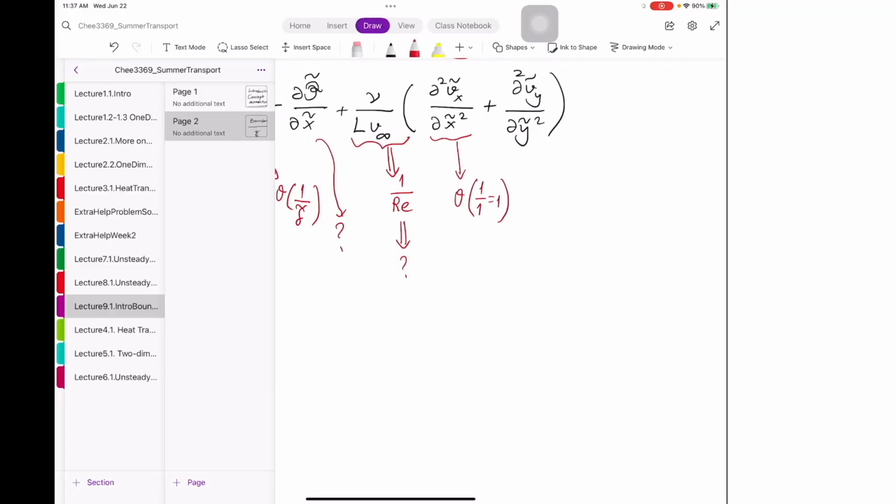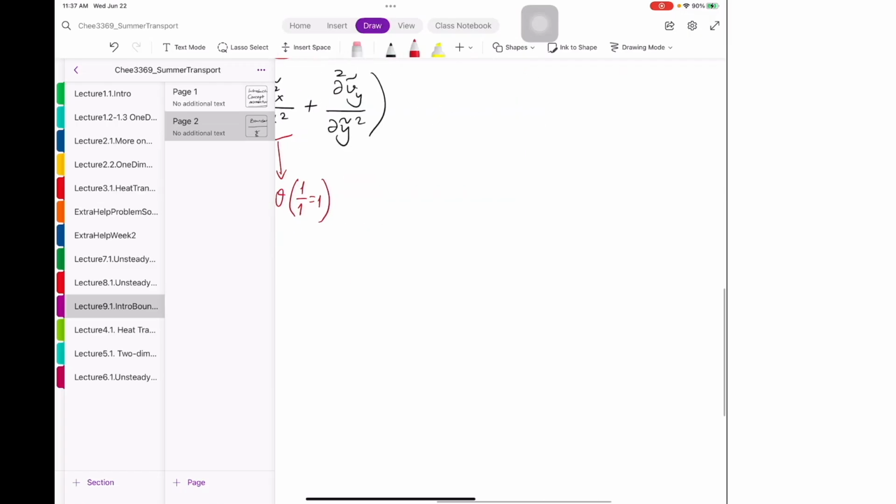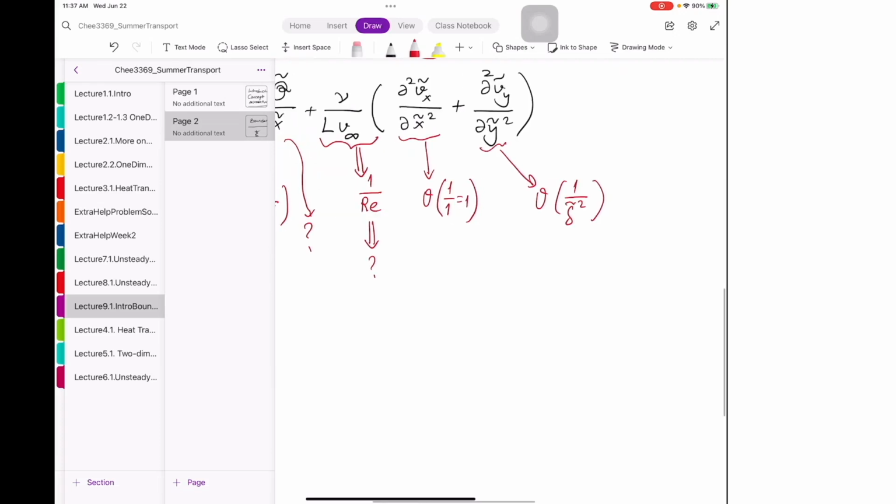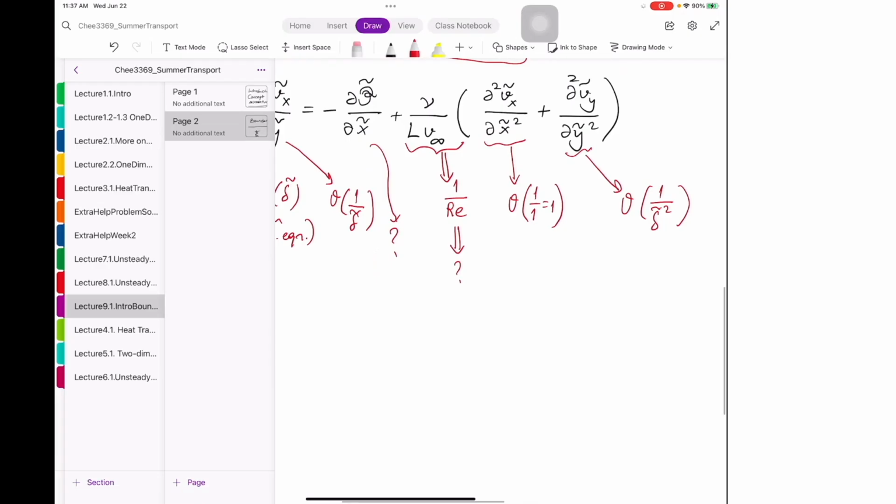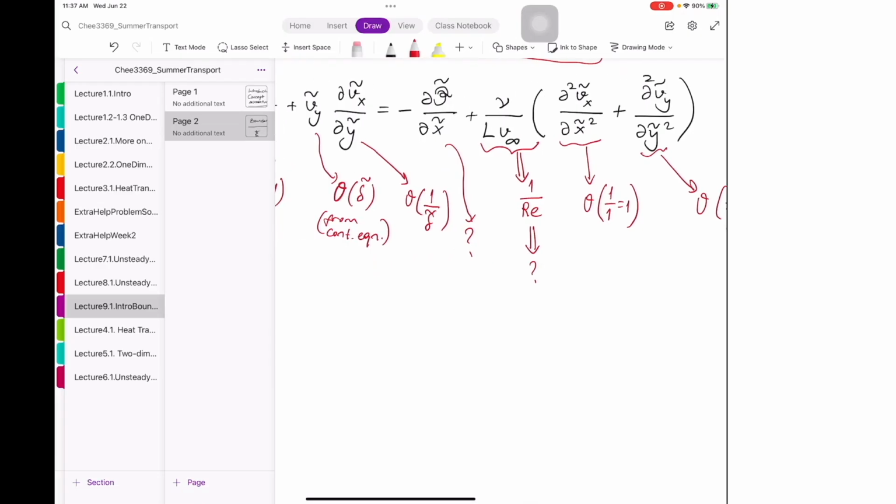Again, like the del Vx over del x term. And this term is in the order of 1 over delta tilde squared, because y tilde is in the order of delta tilde.